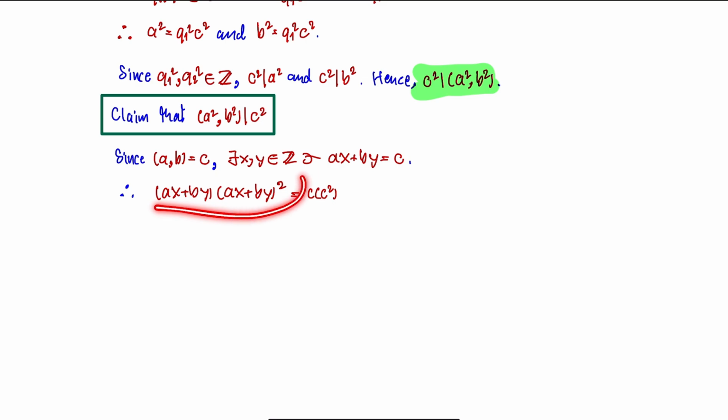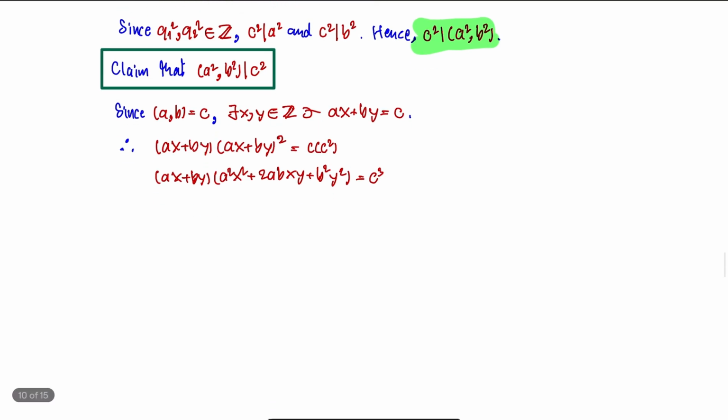And expand each term. What do we have? We're going to have ax plus by times a squared x squared plus 2abxy plus b squared y squared equal to c cubed.